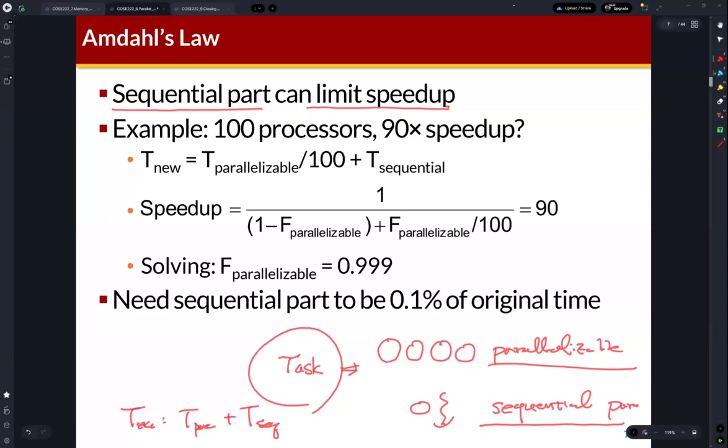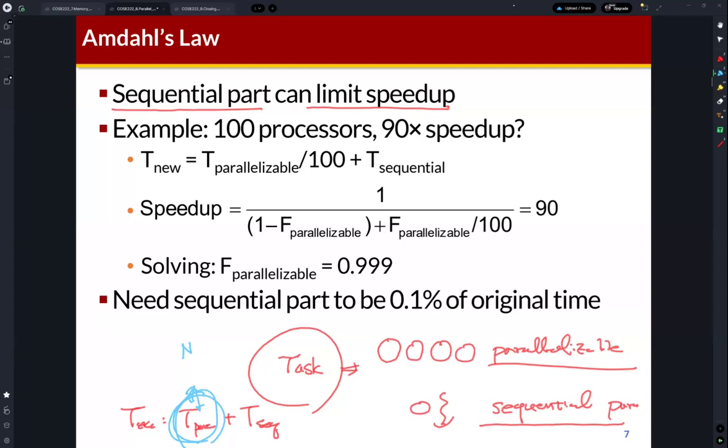Obviously, only this part can be improved by multi-core architecture. If we assume the parallelizable part can be perfectly parallelized, and we apply an N-core architecture, then we can reduce the execution time for this part.